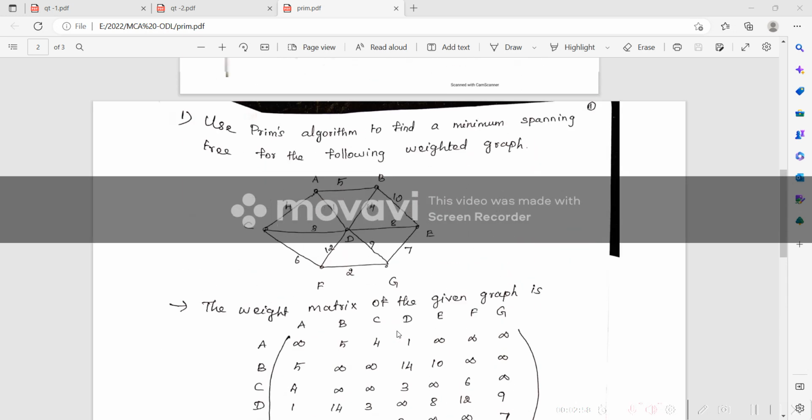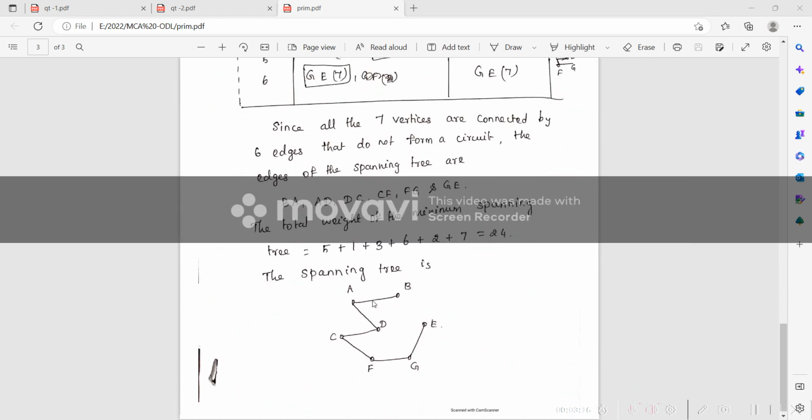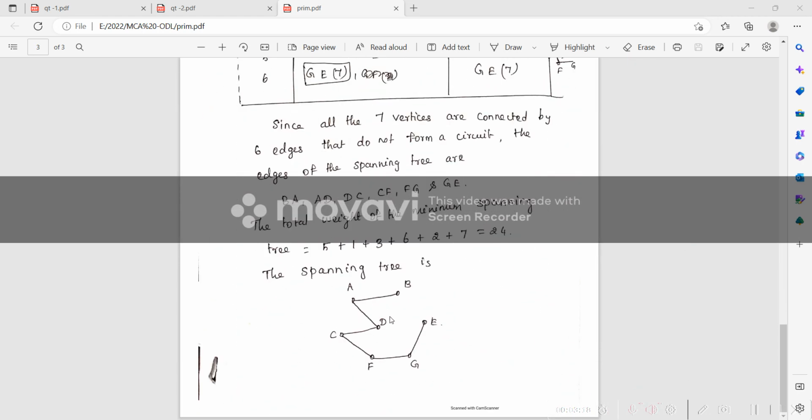So what is meant by a spanning tree? Spanning means, in this connected graph we have A, B, C, D, E, F, G, so totally 7 vertices are there. In one tree, all the vertices are present.